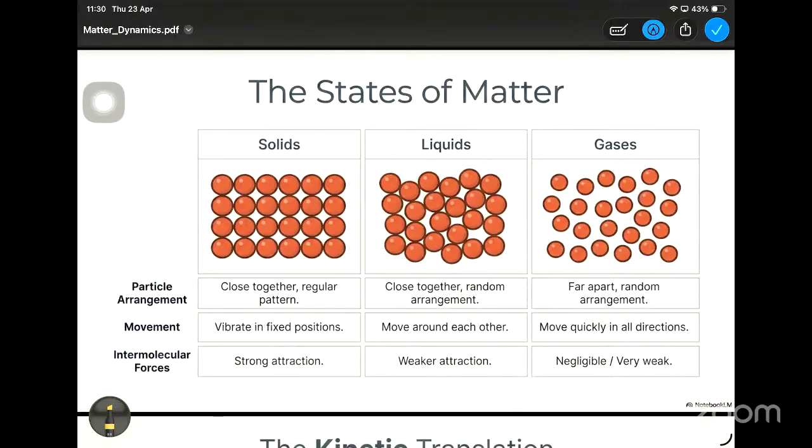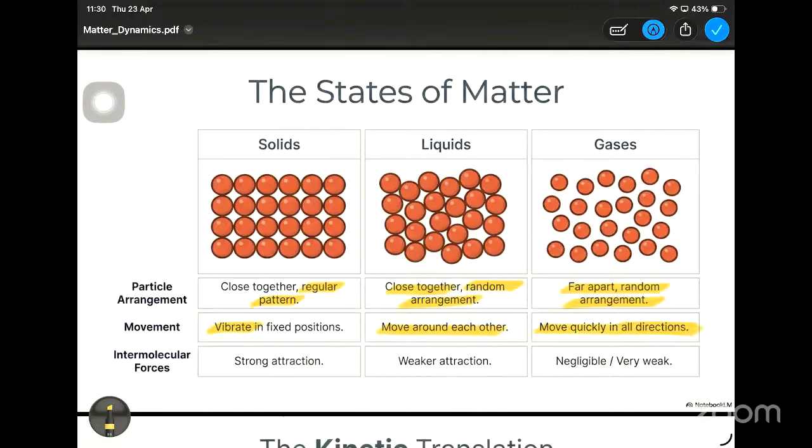So, solids, liquids, gases. Particle arrangement: close together in a regular pattern. These are the key words that you need to mention, right? Random arrangement, close together. And for gas, far apart, random arrangement. For the movement: vibration, move around each other, move quickly in all directions.